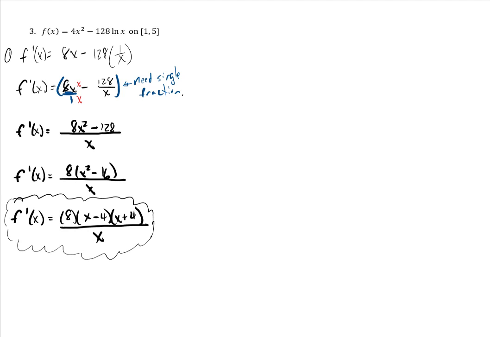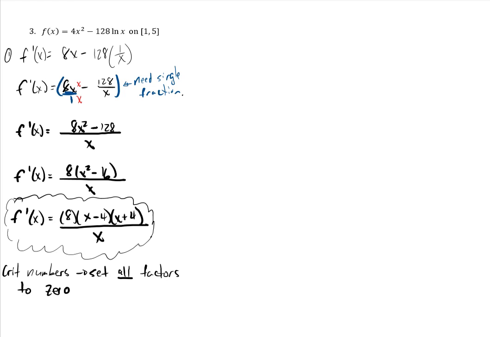And if it's a fraction that we have here, to find the critical numbers, we want to set all factors, including the denominator factor, to 0.